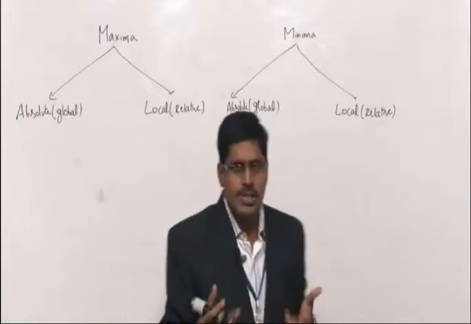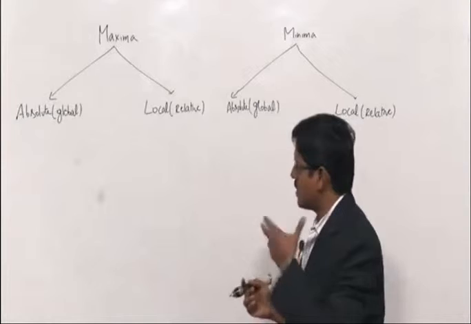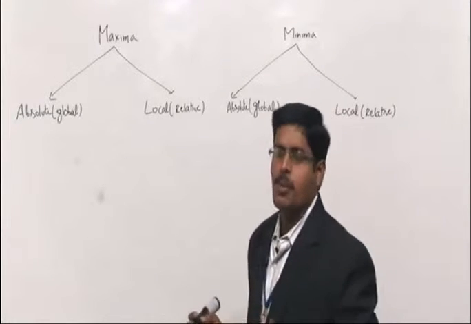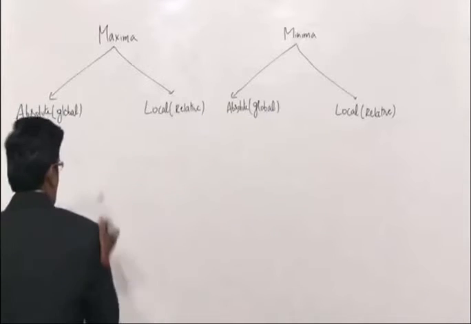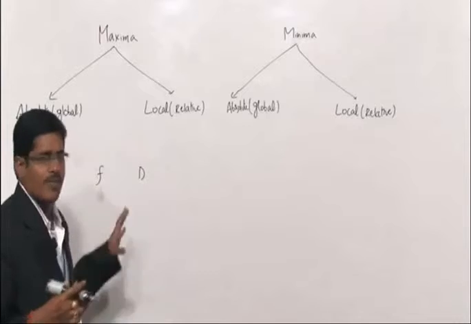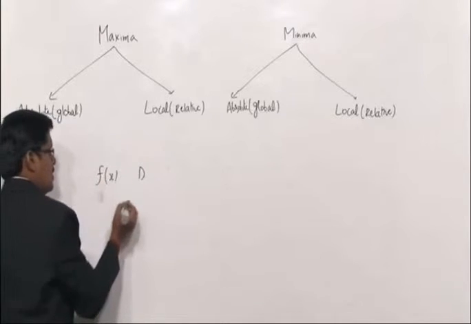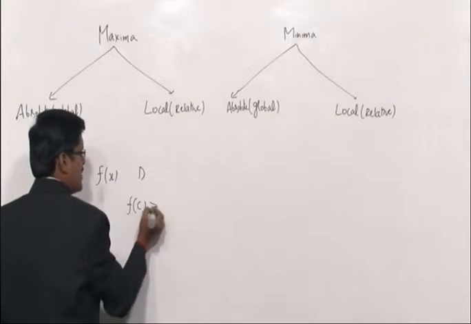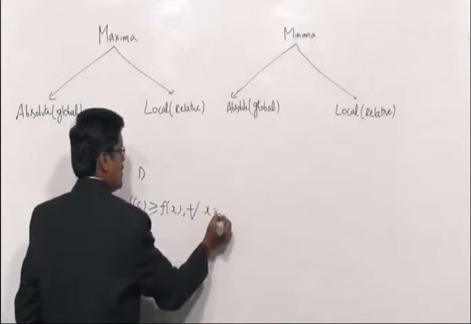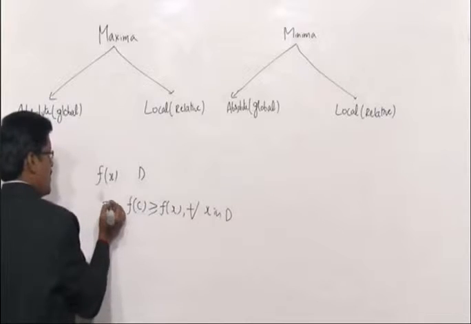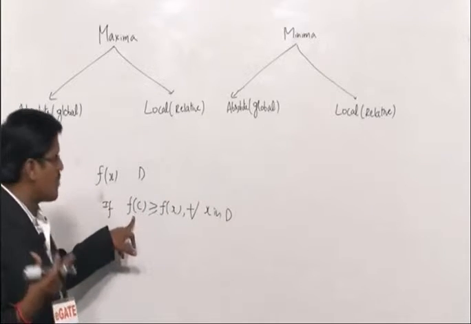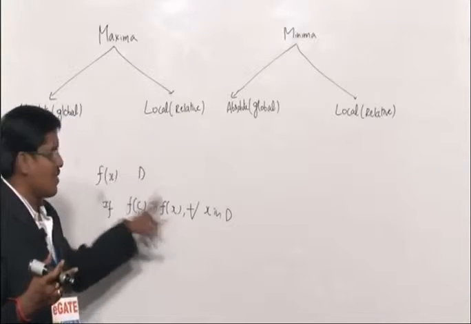Okay, now I am giving the procedure for how to find in each case, where these occur at a time in a problem or only a few of these come in a problem like that. Okay, see, f is the given function which is defined for every x in the domain. D is called the domain of the function f of x. If f of c is greater than or equal to f of x for all x in the given domain of the function, then f of c is the absolute maximum, that is the maximum of the given function value.